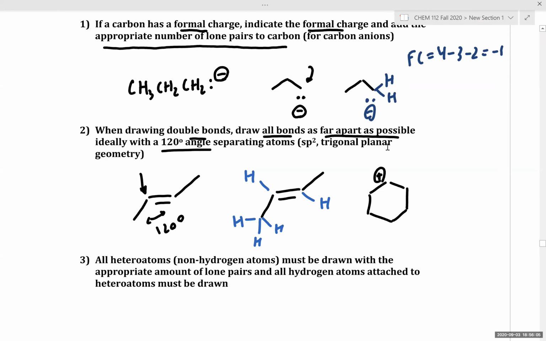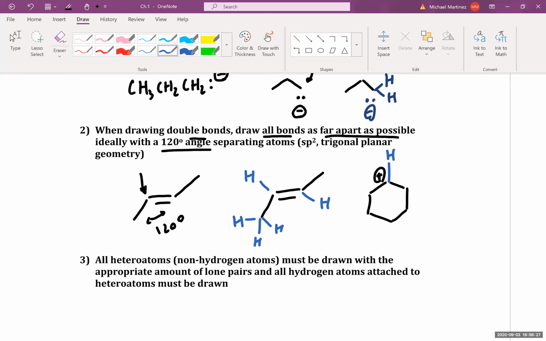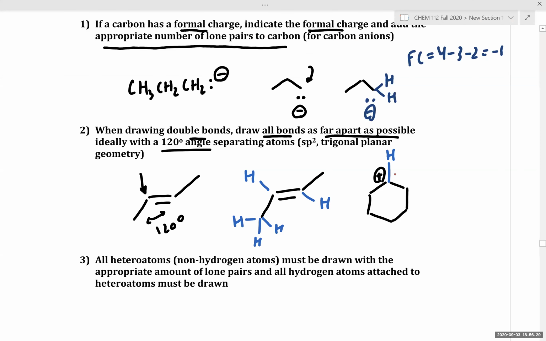How many hydrogens would I need to add to this carbon right here? What was that? Is it one? Yep, exactly right. And as we notice, I drew this hydrogen in a very specific way to represent the fact that we have a pretty wide bond angle of about 120 degrees.